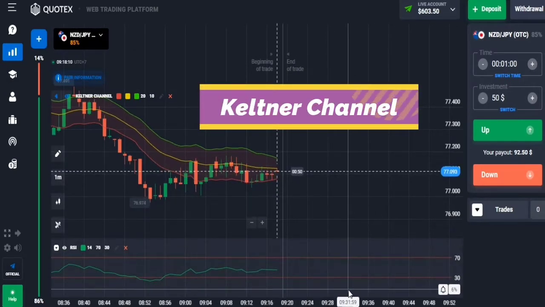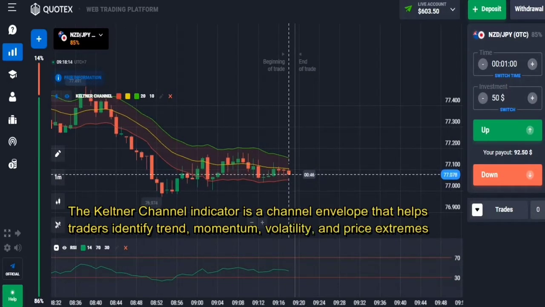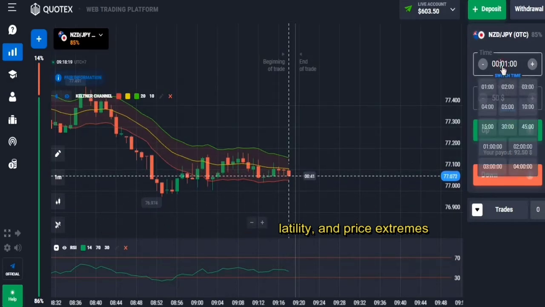Keltner Channel. The Keltner Channel Indicator is a channel envelope that helps traders identify trend, momentum, volatility, and price extremes.